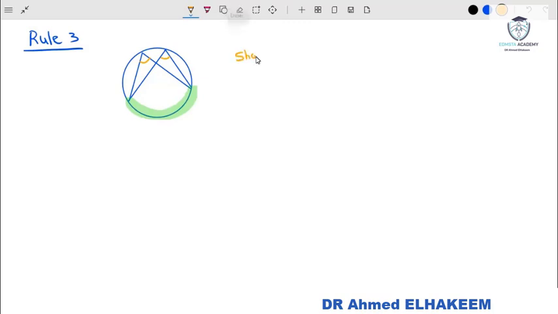If I name this angle X and angle Y, then angle X equals angle Y. This is rule number 3.